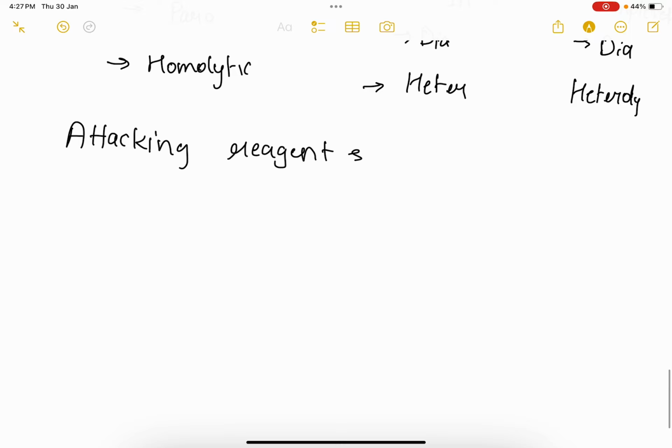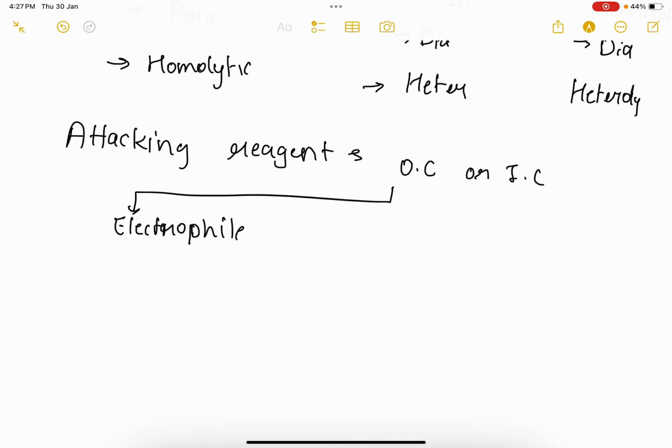It could be an organic compound or an inorganic compound. There are two types of attacking reagent. First is the electrophile and second one is the nucleophile.